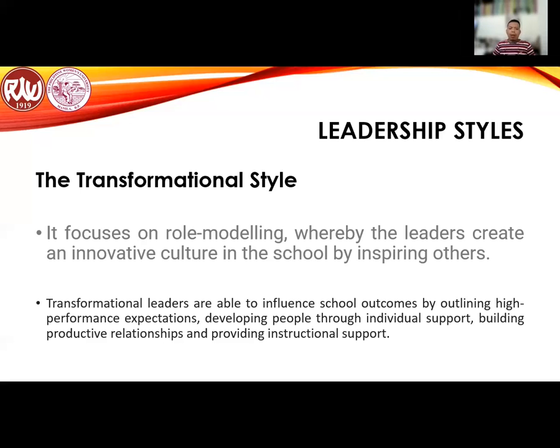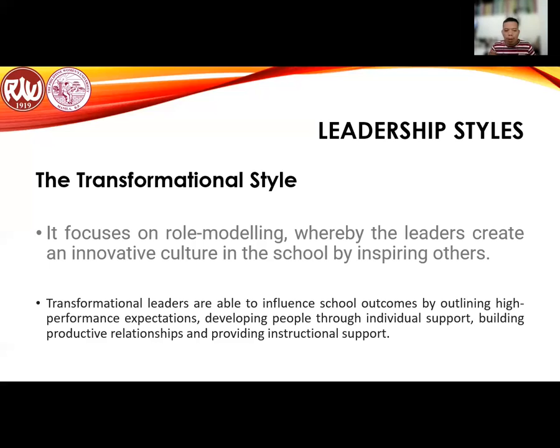Taking a collaborative approach, transformational leaders empower their school teams to have a say in decision making processes and enable collective goal setting. And through role modeling, these leaders create a culture of innovation and improvement and a shared sense of purpose.